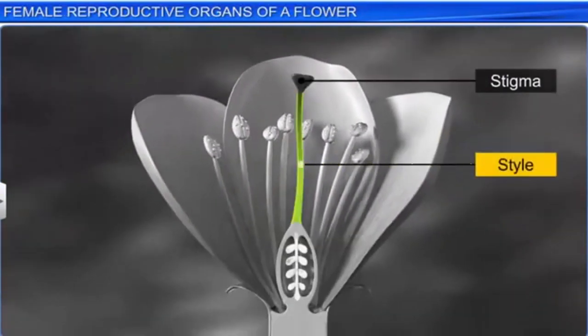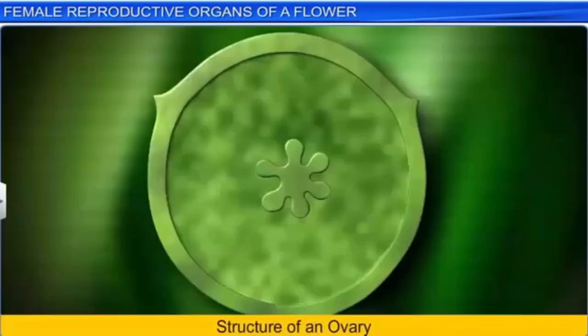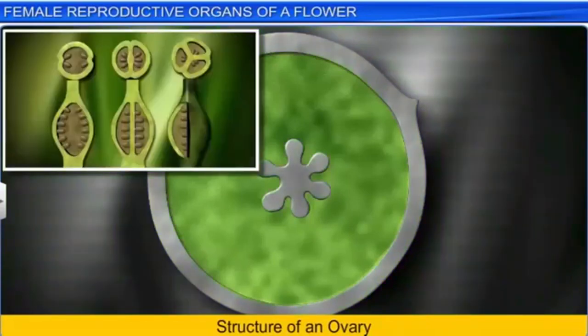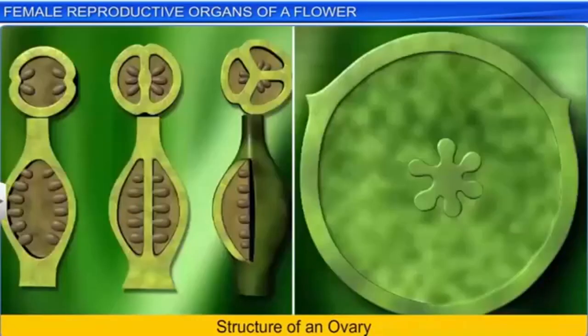The next region is the style, through which pollen tube growth takes place. The ovary is the basal part of the pistil, and it consists of ovules. The ovules are the megasporangia, present in the ovarian cavity and enclosed by the ovary wall.